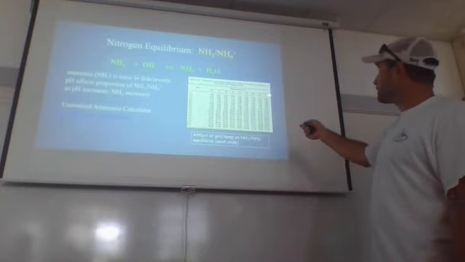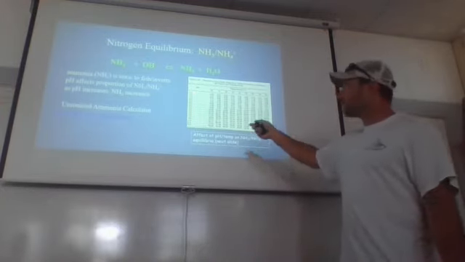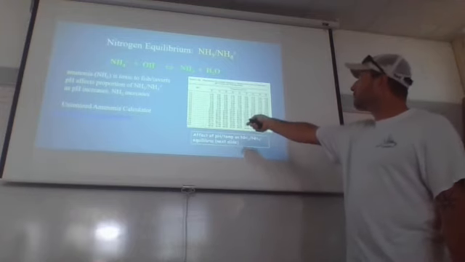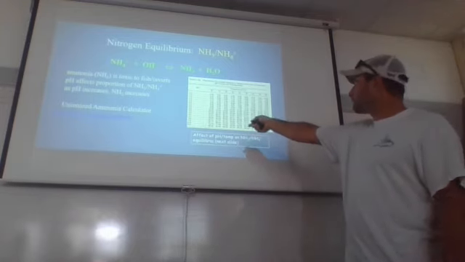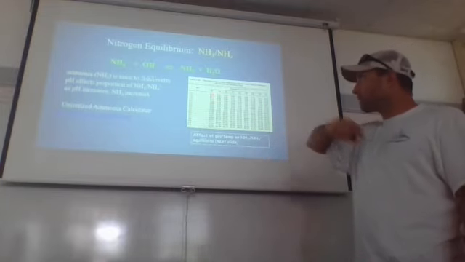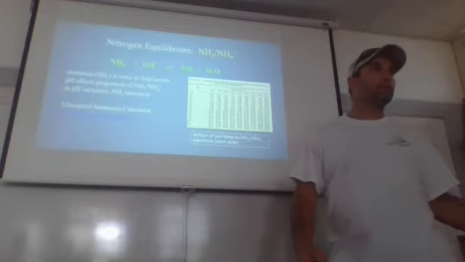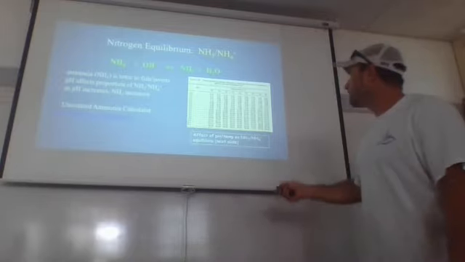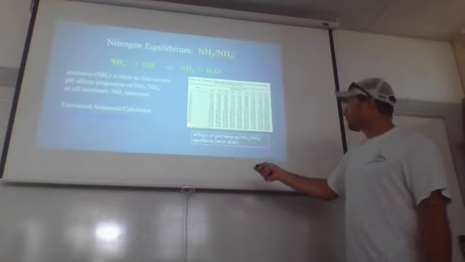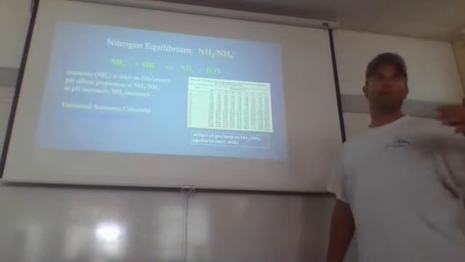So temperature goes up, the percent unionized ammonia goes up, and pH goes up, and the percent goes up. And so here at a pH of 7, with a temperature of 16 degrees Celsius, you have 0.3% unionized. At pH of 10.2, at temperature of 32, it's 94%.